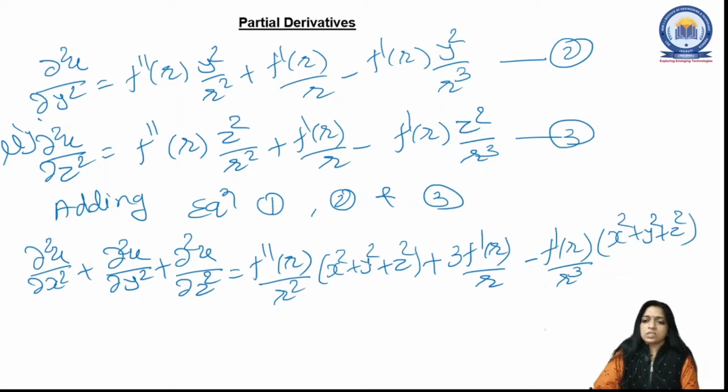Now x square plus y square plus z square is nothing but r square, so both will cancel out and we get f double dash r plus 3 f dash r upon r.